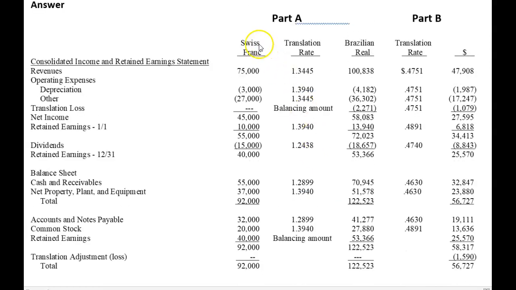So the first thing we're doing is taking the information that we used in the prior problem, same starting point, that are in Swiss francs. And now we're going to actually remeasure into the Brazilian real. So the rates that we're using to remeasure for the revenues and the other operating expenses will be the average rates.